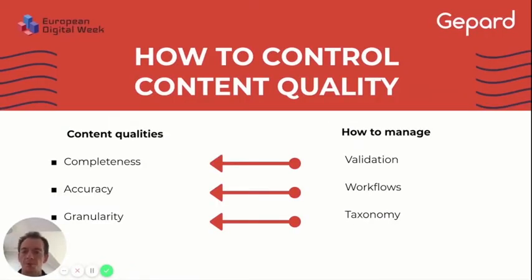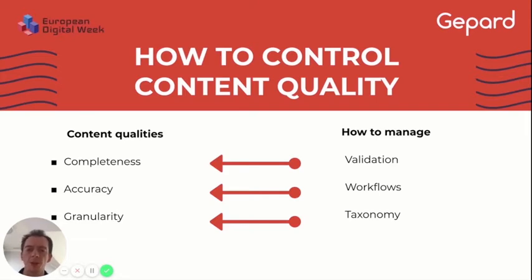So, the content quality, how do we actually manage it? The most important qualities of the content are the completeness, accuracy, and granularity. The granularity term we will explain a little bit further. So let's talk about the completeness.